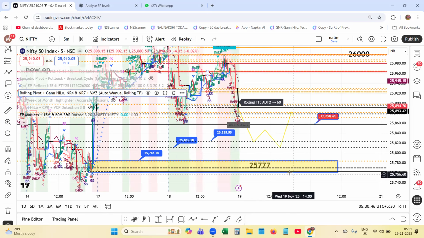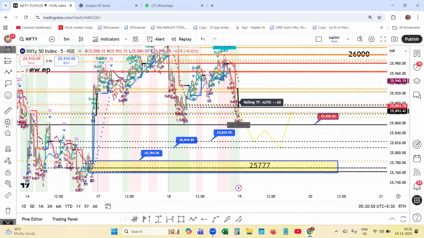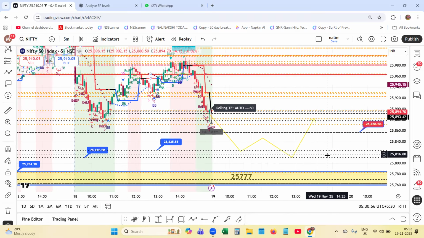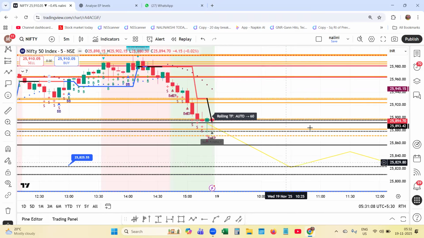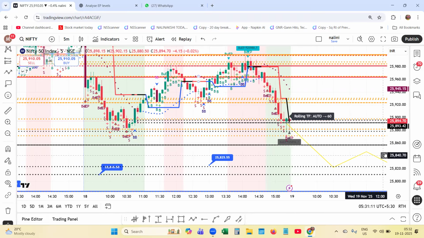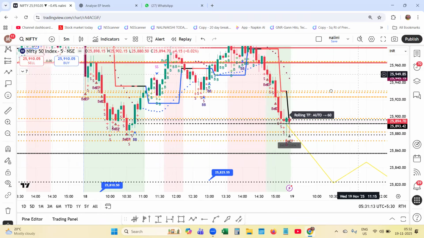Only we will have the balanced line. Okay, let me zoom this. You may think there are so many lines like that. If you zoom it, it will be crystal clear. Yeah, you can see all these lines.